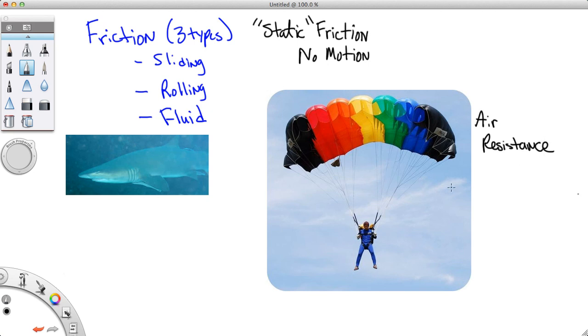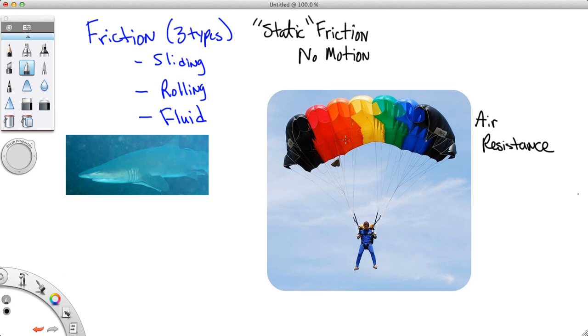When you're running down the road, you have air resistance. You would actually run faster if you were in a vacuum that had no air versus out there running down the street where there's air. The whole point of a parachute in this example is to increase air resistance, causing the skydiver to fall safely back down to the ground.